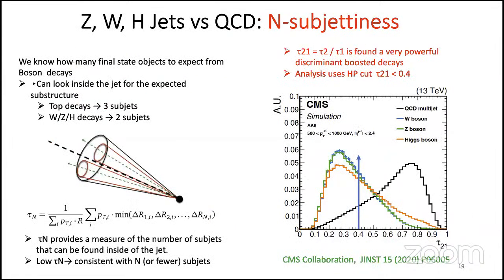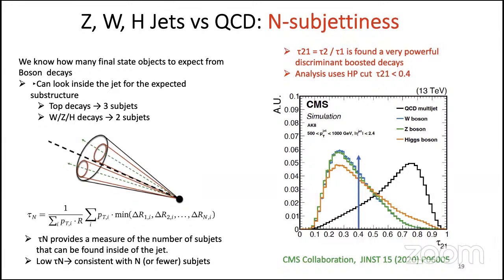the subjettiness. So the idea for this is we know how many final state objects to expect from boson decays, so we can look inside of the jet for the expected substructure. For example, in top decays we expect 3 subjets, and in electroweak and Higgs decays, we expect 2 subjets.